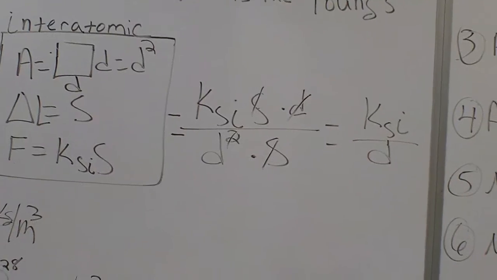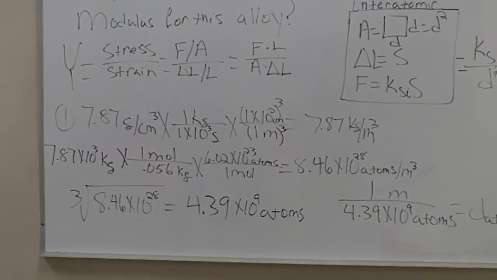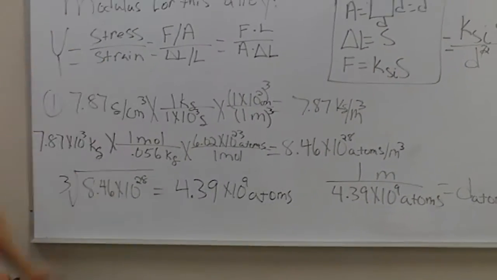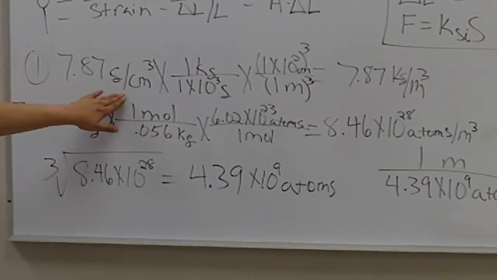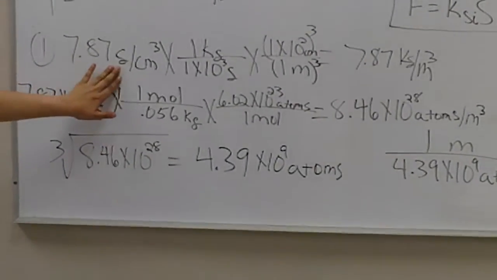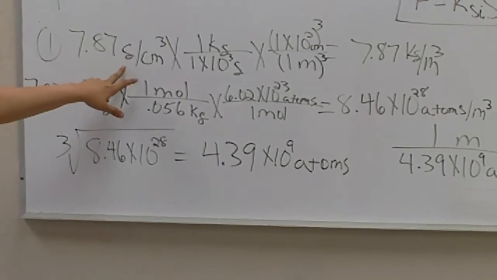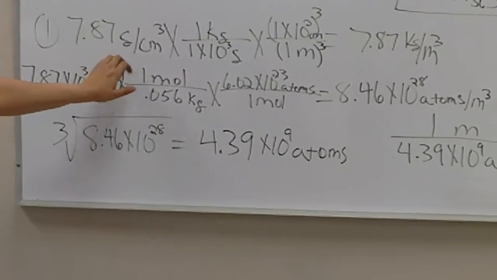To start the calculations, we're going to find out the diameter of one atom. We're going to do that by taking the density that they gave us. The density is in grams per centimeter cubed. It is not the SI units, and we need all units to be the same throughout the entire problem.